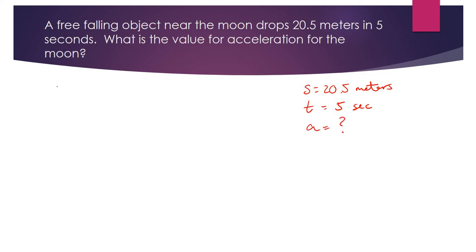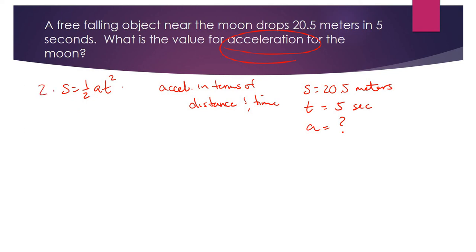Well, I'm going to take our original formula and I'm going to solve it for acceleration. In other words, I'm going to write an acceleration equation. I'm going to write an equation for acceleration in terms of distance and time. So I want to isolate the acceleration.